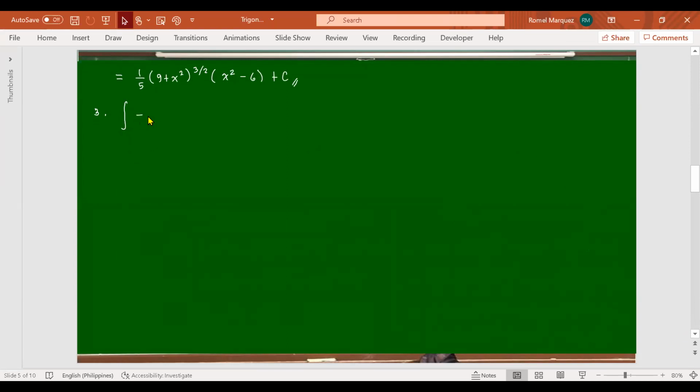So let's have number 3. The integral of the square root of 9y squared minus 4 over y dy.